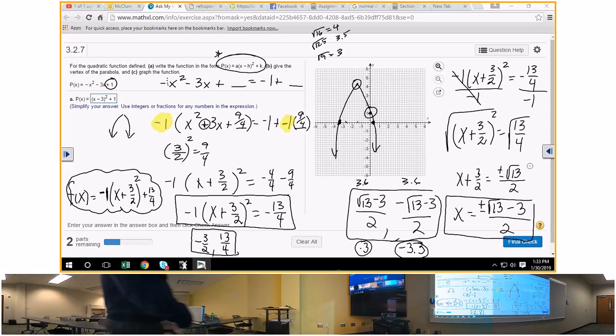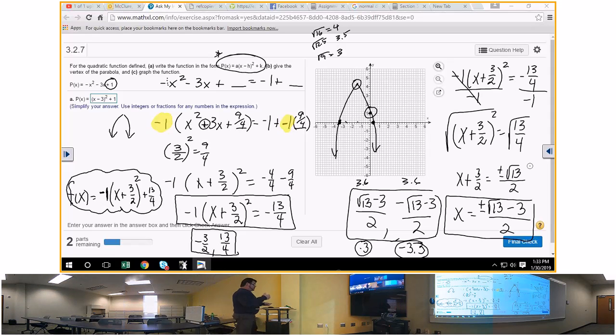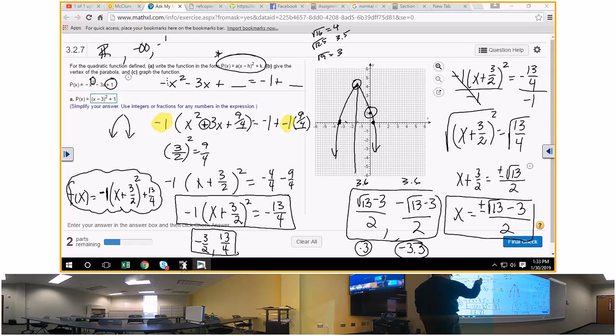So, and I tell everybody, like on my videos, if you can do all of that and give me the domain and range and the increasing and decreasing values. The domain is all real numbers because when you have a square, the domain is all real numbers. The range is from negative infinity to whatever that is, 13/4. That's your range.